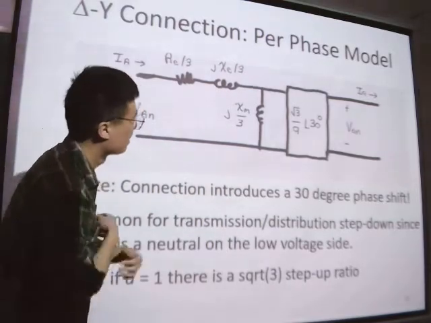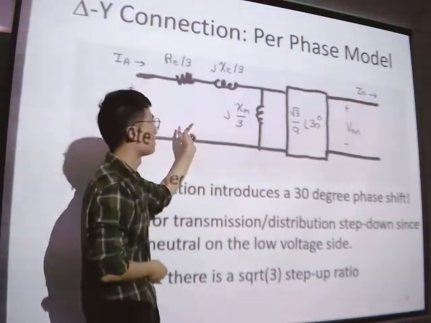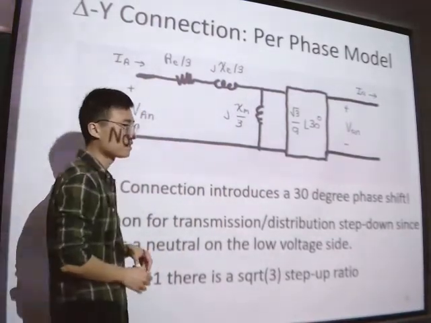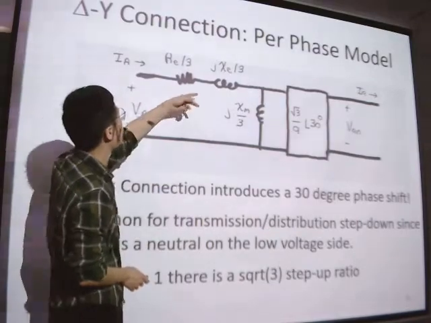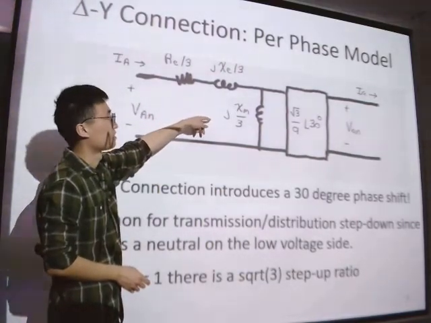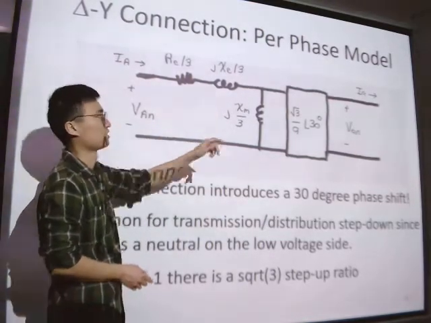Little bit complex, right? Here, you see there is a delta to Y, right? In the previous page, we know that in the delta connections, the equivalent impedance is divided by 3 in the delta, okay?